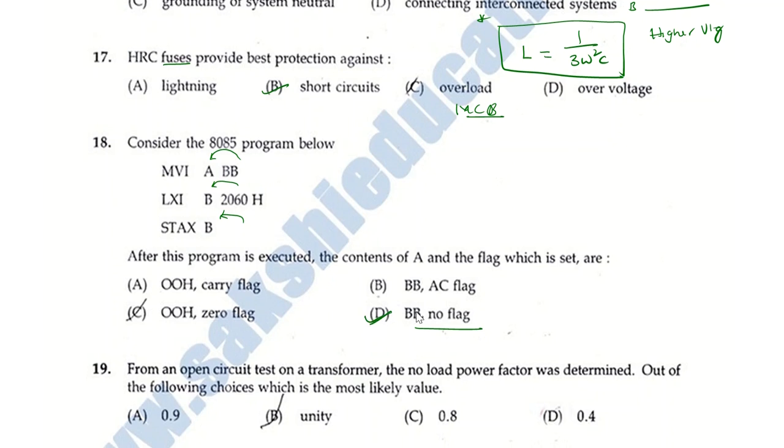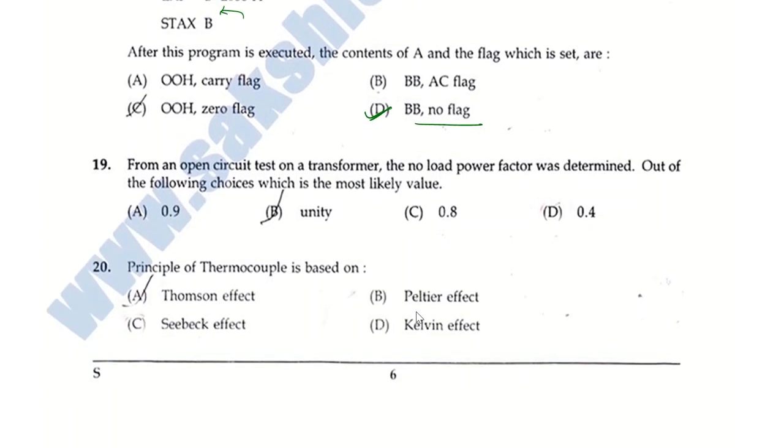Next one. From an open circuit test of a transformer, the no load power factor was determined. Out of the following choices, which is most likely the value? We know that the no load power factor will be in the range of 0.2 to 0.4.